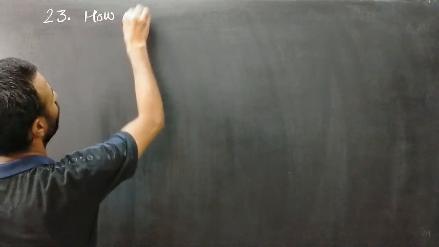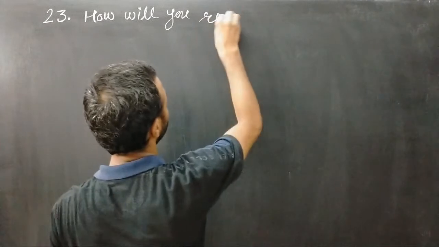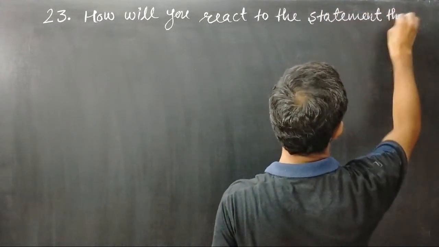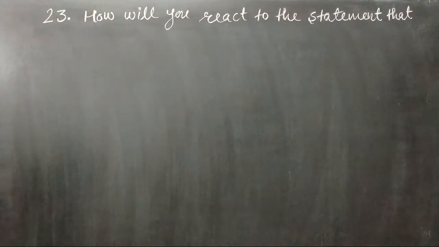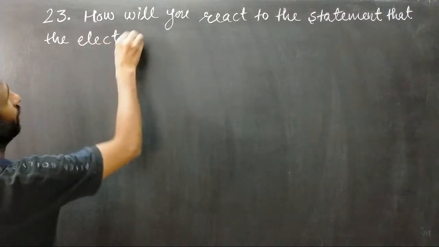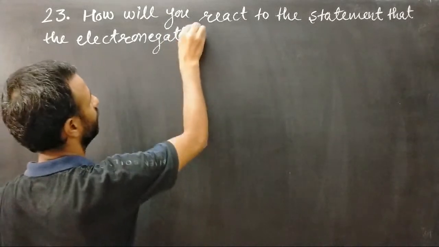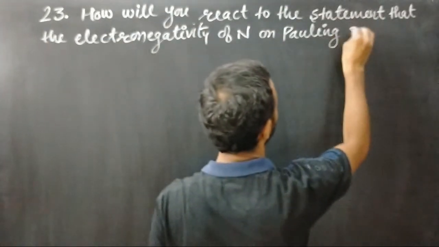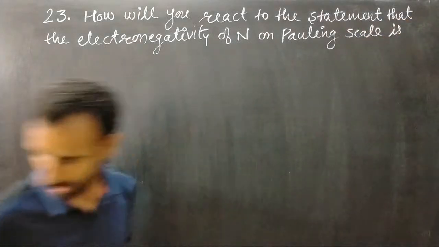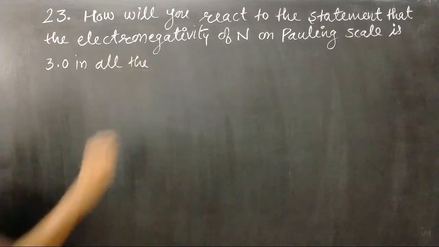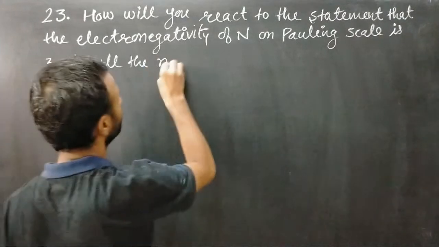How will you react to the statement that the electronegativity of nitrogen on the Pauling scale is 3.0 in all the nitrogen compounds?